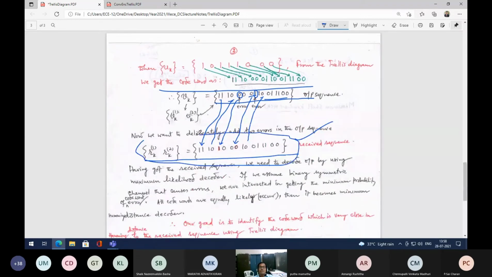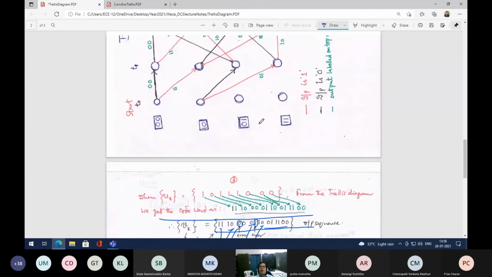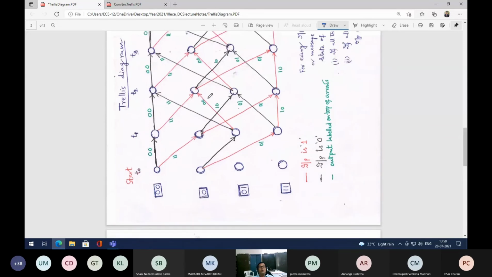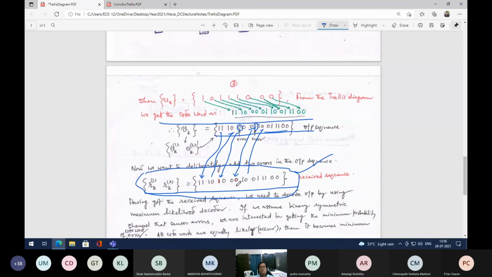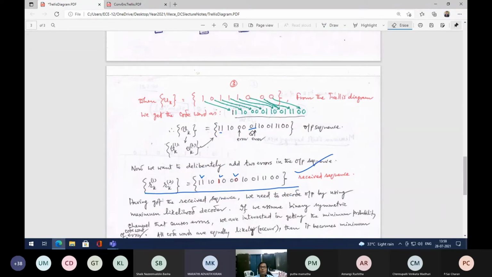Do we understand what I am trying to say? What is the meaning of maximum likelihood decoder? The maximum likelihood decoder is a decoder which will give you the output. We got all the possible outputs here, and out of all these possible outputs, it gives the one closest to this received sequence. So that is what is known as maximum likelihood decoder. Is it clear? Yes, sir.